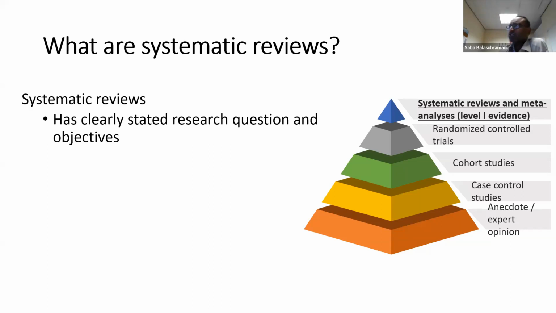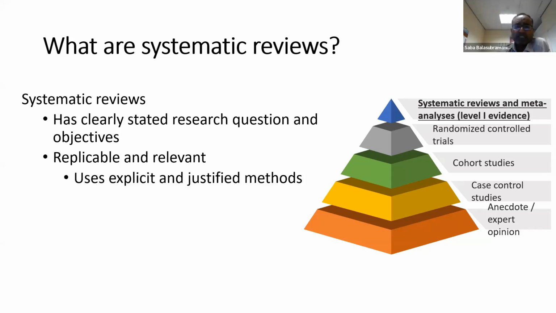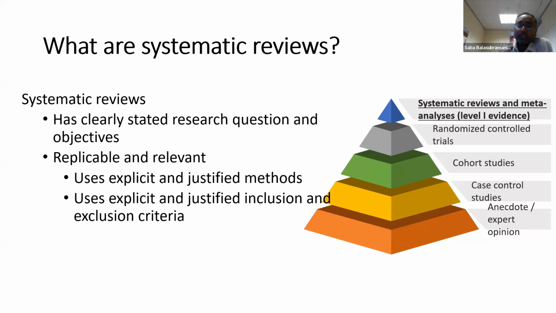As I mentioned before, as a quick refresher, keep in mind that systematic reviews have a clearly stated research question and objectives. Systematic reviews should be replicable, should be relevant, meaning they answer a question that clinicians have at that particular point in time, use explicit and justified methods, and use explicit and justified inclusion and exclusion criteria as well.